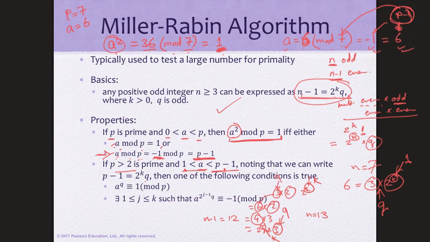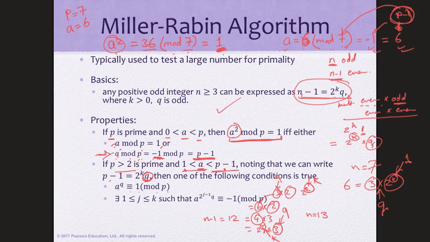Then one of the following conditions is true, right? a that we selected here, raised to the power q, which is the odd number that comes from this representation, is going to be equal to 1 mod p. That's the first condition.